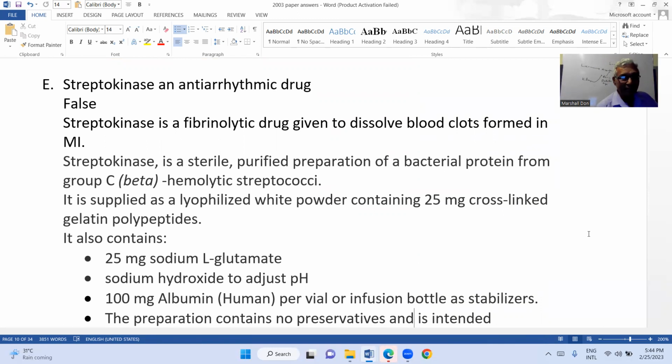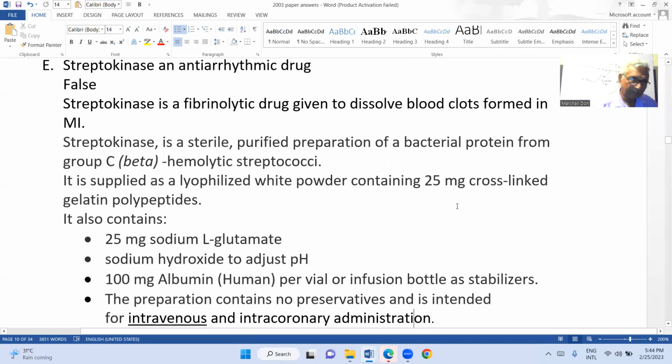Specifically, it is group C beta hemolytic streptococci. It is supplied as a lyophilized white powder containing 25 milligram. So streptokinase is given to dissolve the blood clot.